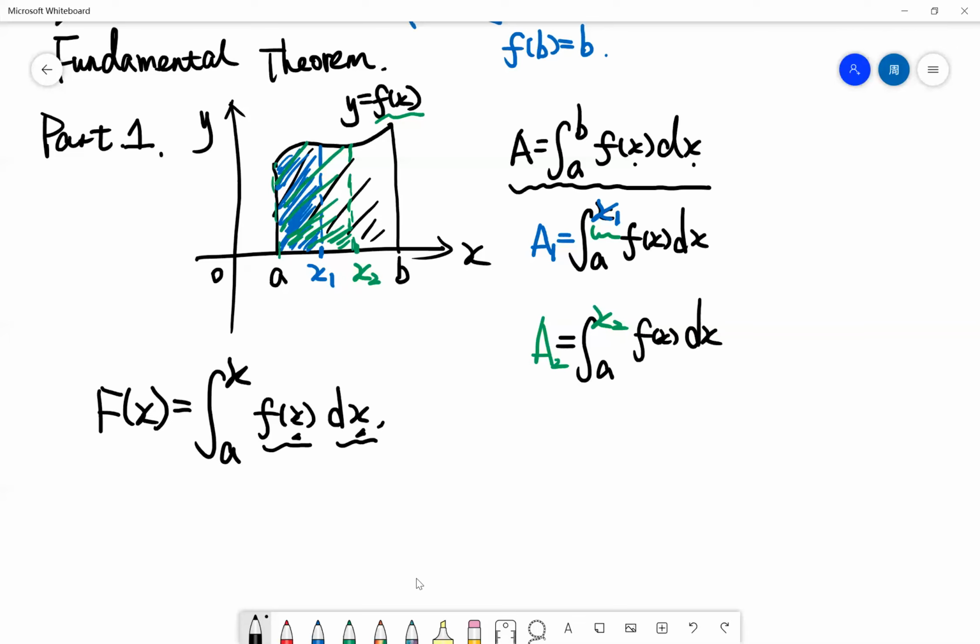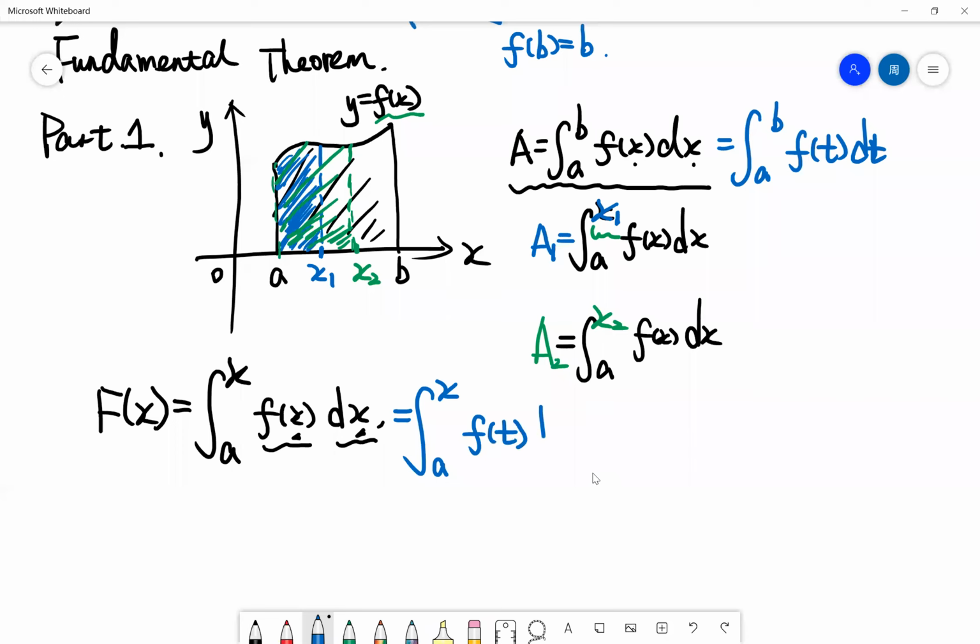So here, I can change the letter to t, dt. Or if you want to use the letter u, v, any letter is okay because it has the same value. So if I want to make it clear, I can write the function as from a to x, f of t dt.